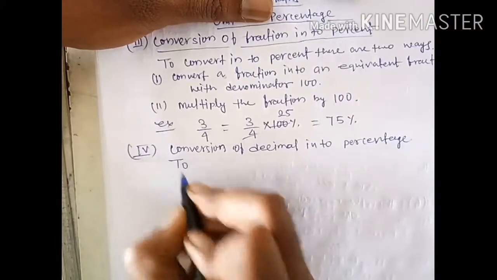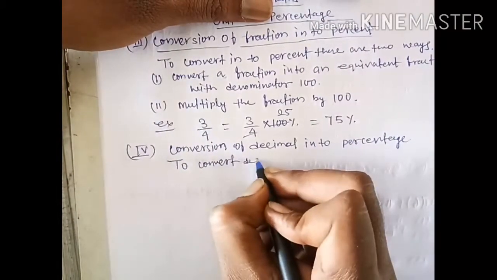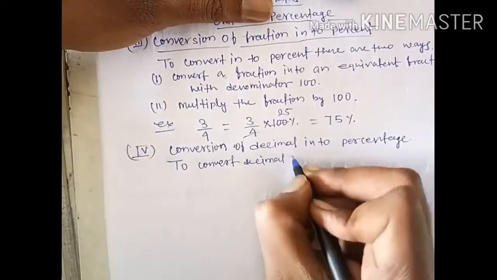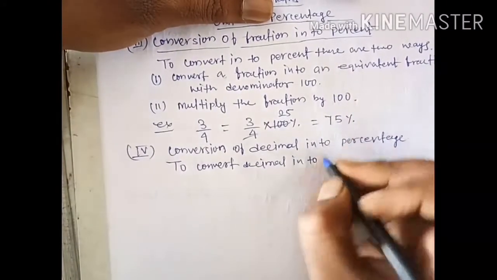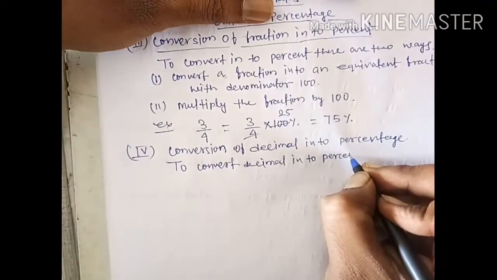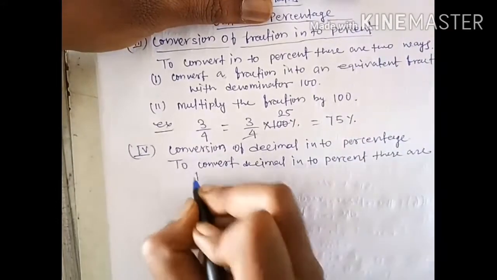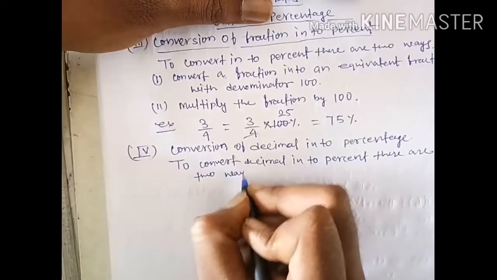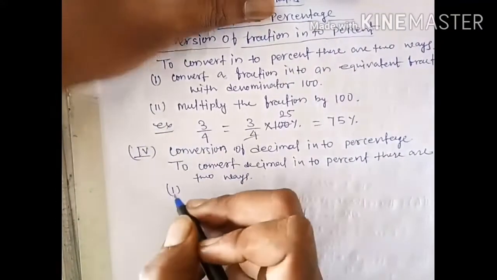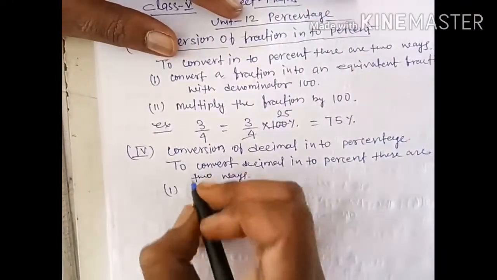To convert decimal into percent, there are two ways. First is convert decimal into equivalent fraction with denominator 100.